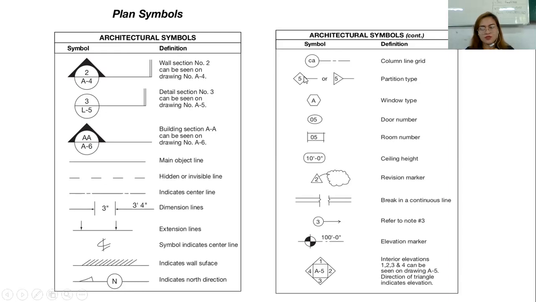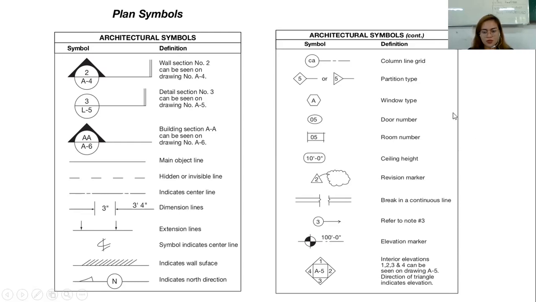But if you're going to use certain parts in your plan, like drywall, you're going to indicate it as a different partition type. You'll put the number and put it in the legend. It's important that if you have other variations, you always indicate them in the legend.